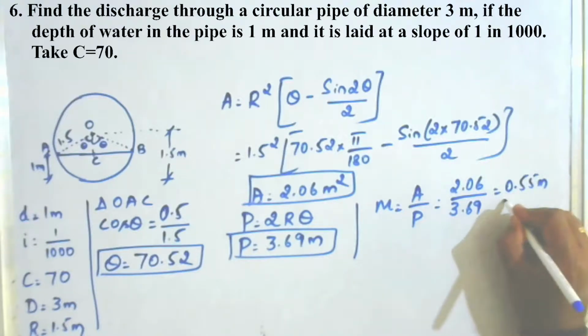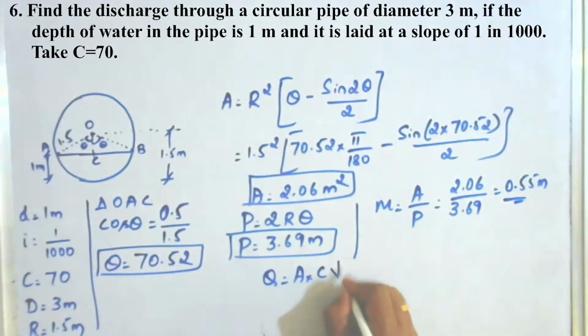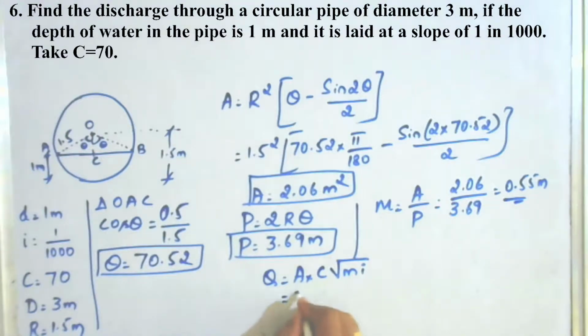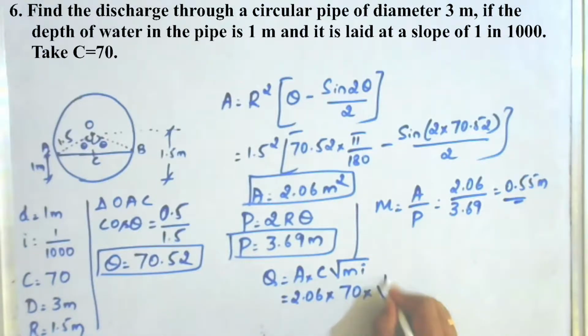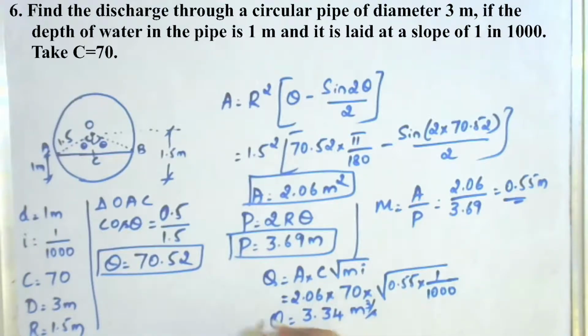Once you get the m value, we know that discharge is equal to area into velocity. Velocity is c root of m into i. You substitute area 2.06, c value is 70 as given, root of m value 0.55 into i value 1 by 1000. If you simplify, you get the discharge value as 3.34 meter cube per second, the value of discharge Q.